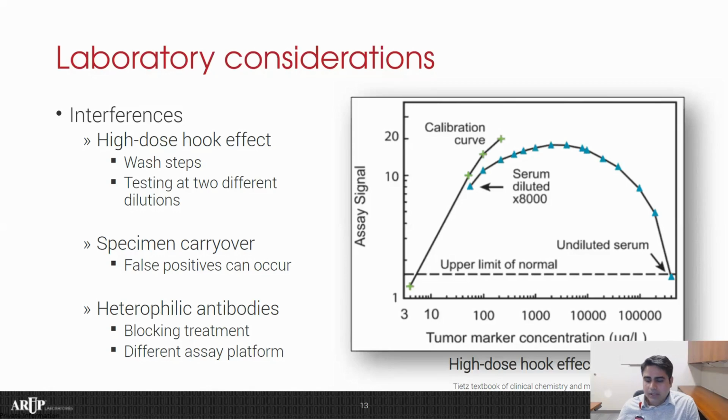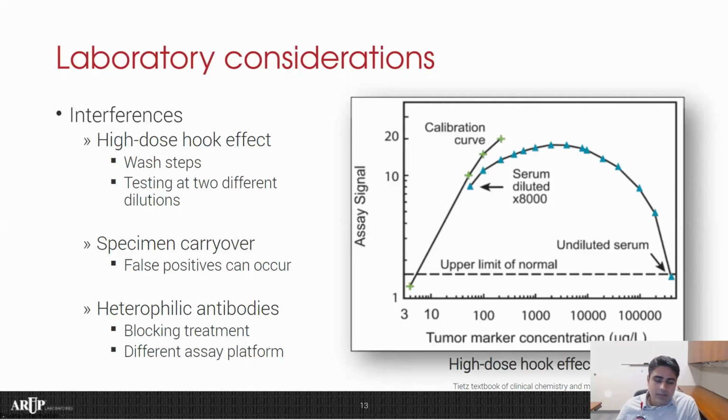But when you dilute that serum specimen and perform an 8,000-fold dilution, it actually gives a very high value on that linearity curve that you can appreciate. So what this tells us is that if there is antigen excess, it can lead to high dose hook effect and falsely low tumor marker results.